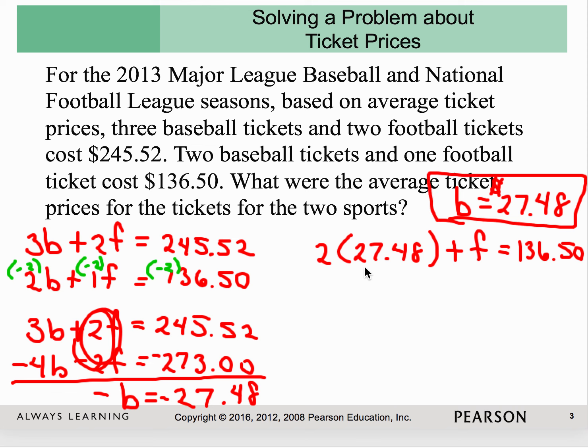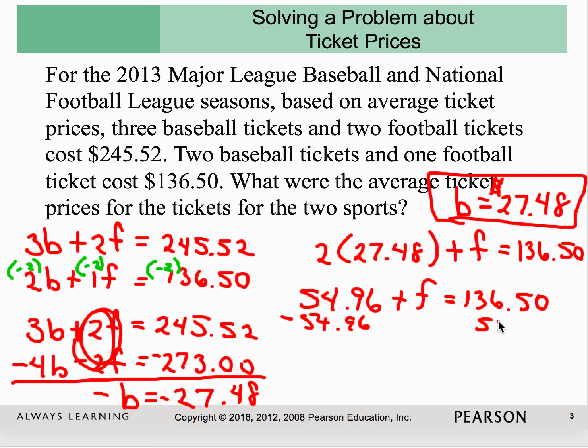All right, so this is 54.96 plus f equals 136.50. So let's subtract 54.96 from both sides.